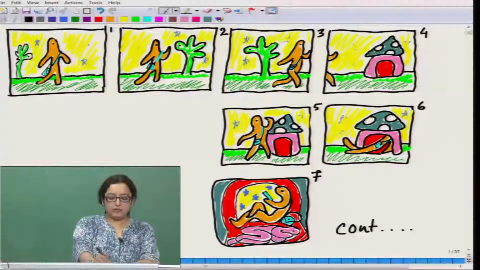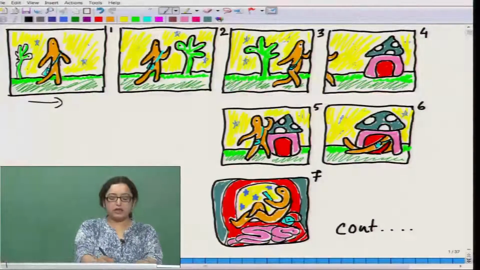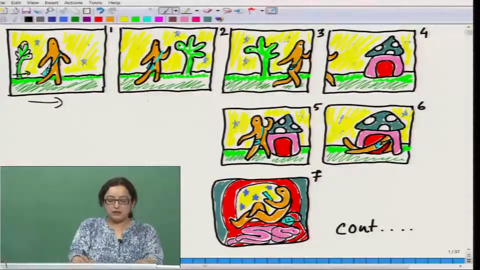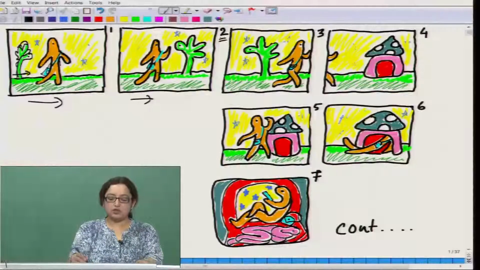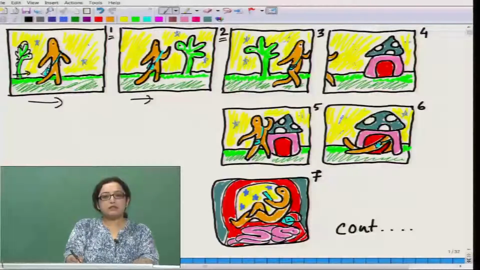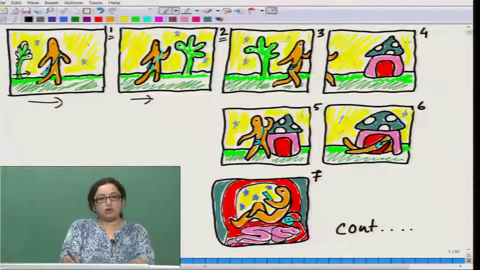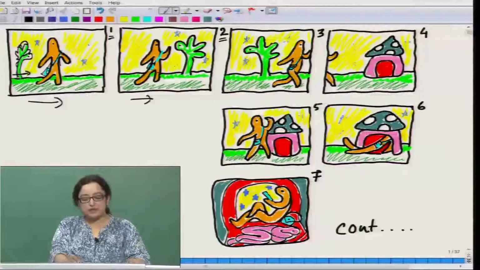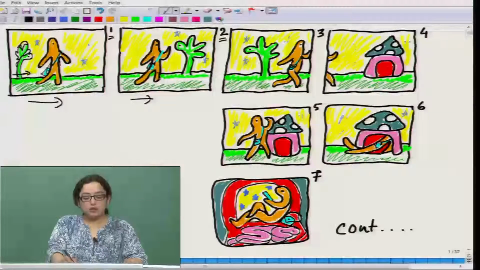If this is our main character on a journey, he follows a path, passes a tree character, and reaches here in the next sequence, that is sequence 2. From 1 to 2 it is a journey, but we read it in order as we do in comic strips.